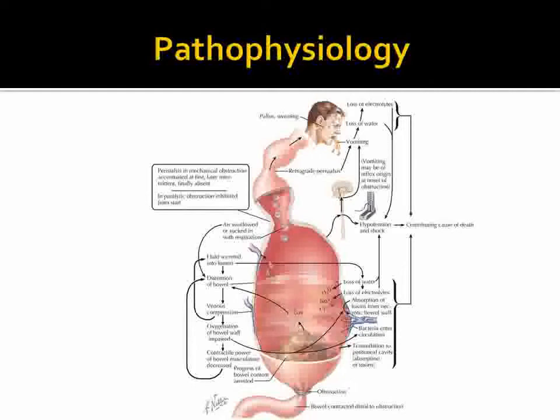This proximal segment of the intestine, in a case of intestinal obstruction, passes into three phases: the hyperperistaltic phase, then the antiperistaltic phase, and lastly the aperistaltic phase. First, the hyperperistaltic phase.